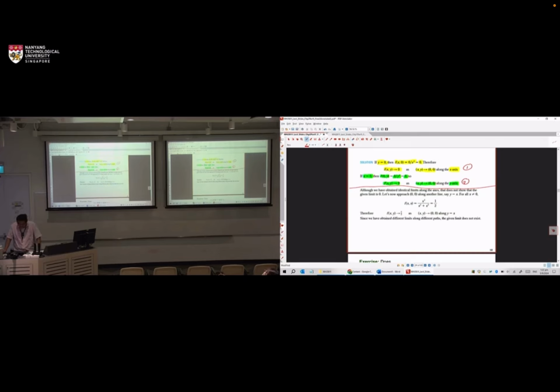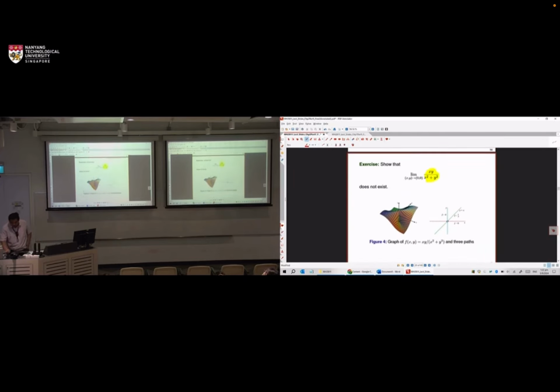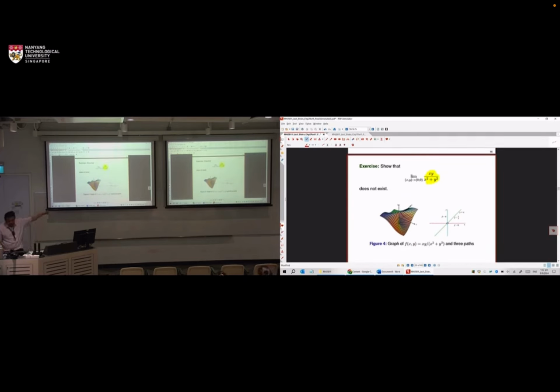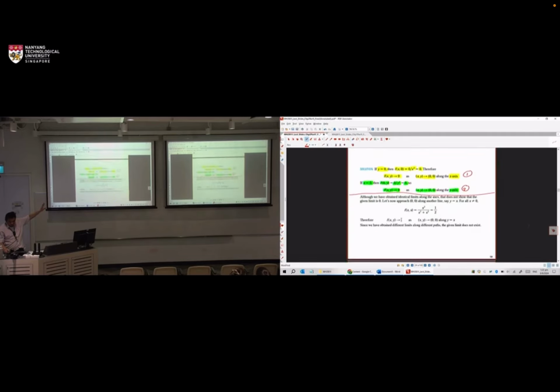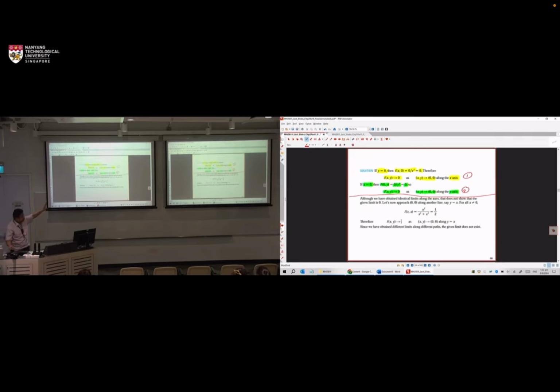All right, and for this question, you should have some sensing. It is a little bit not so straightforward, right? So although we have obtained identical limits along the axis, that does not show that the given limit is 0. No. Let us now approach 0, 0 along another line.